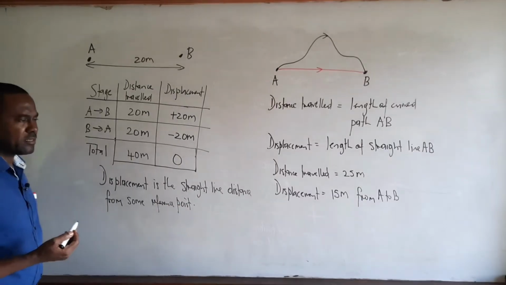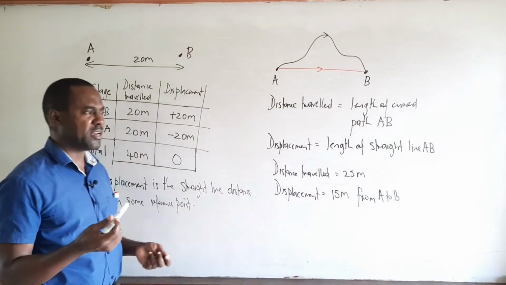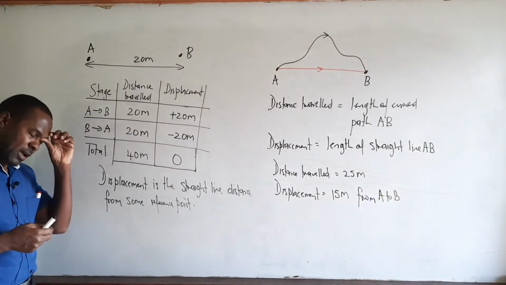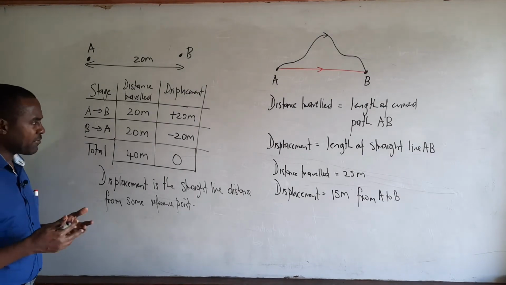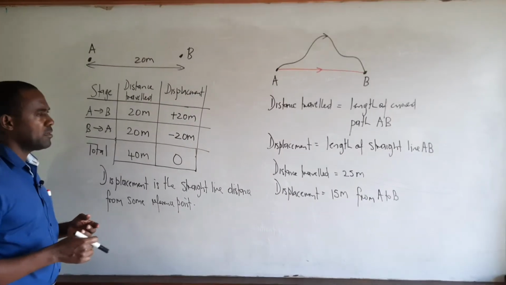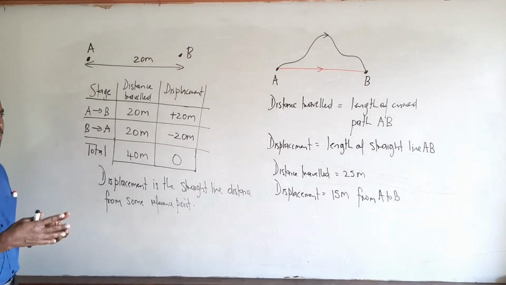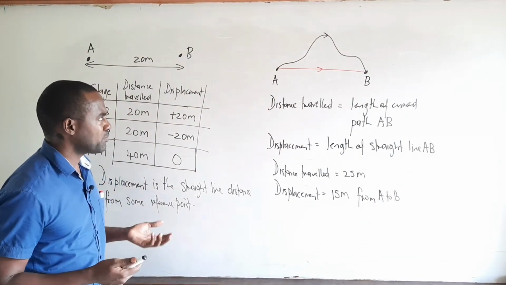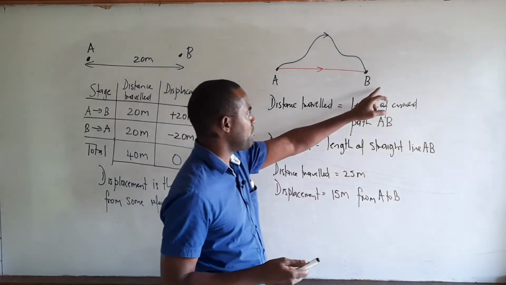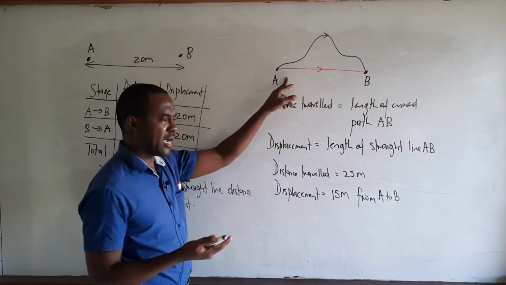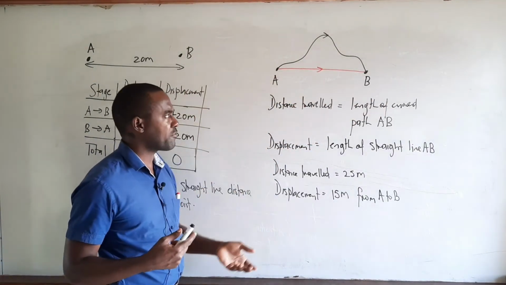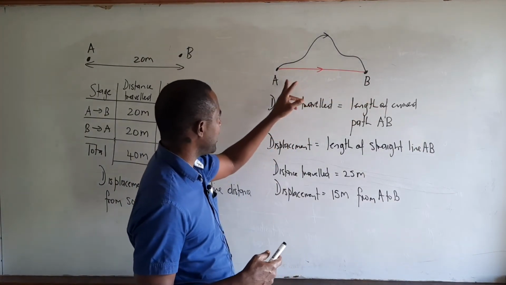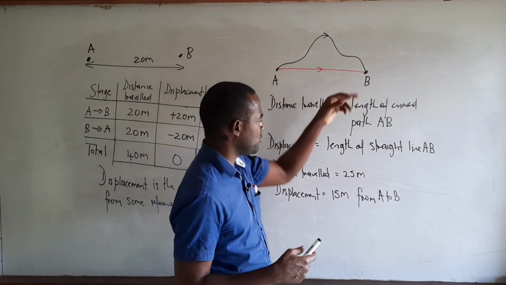So if we have a reference point, we can simply measure the straight line distance from that point to any other point, and that will give us a displacement. So in this previous example, A, our starting point, would of course be our reference point, and so the displacement from A to B is the straight line distance from A to B.